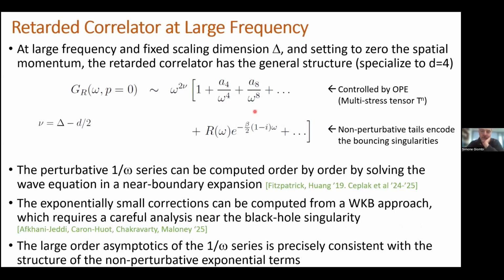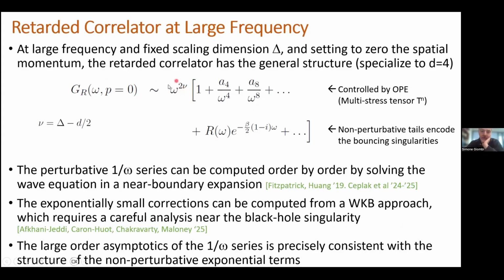Just to give an idea of where we're going, let me start by summarizing the main point. What is the structure of these retarded correlators in holographic theories at large frequency? The large frequency behavior is controlled essentially by zero temperature physics.